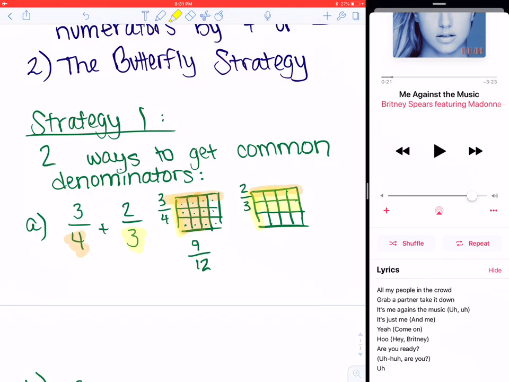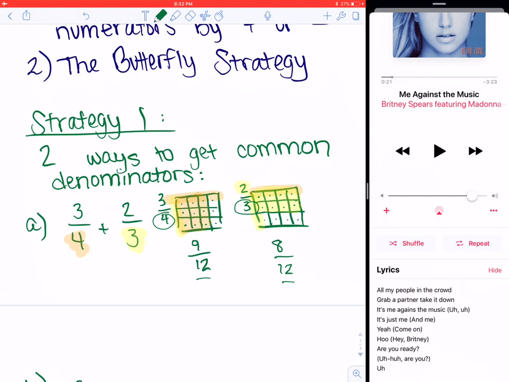So 1, 2 out of the 3 rows because my numerator says 2. And that leaves me with a total of 1, 2, 3, 4, 5, 6, 7, 8 boxes out of 9, 10, 11, 12. Notice, by drawing a picture with the dimensions of our denominators, we wind up with common denominators.